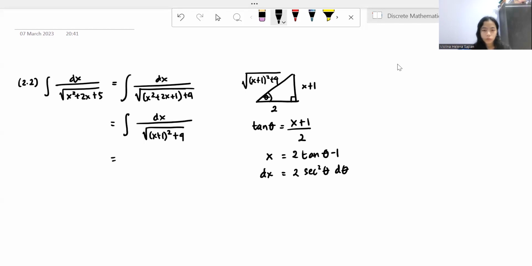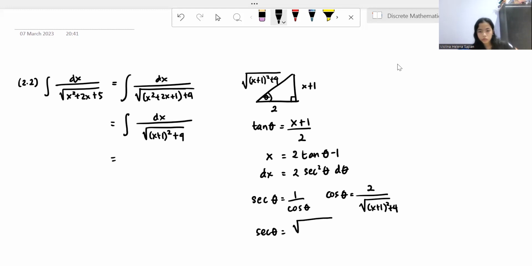Okay, so we will use the secant theta. Secant theta is equal to 1 over cos theta. So cos theta, the formula of cos theta for the right triangle is the adjacent side of the angle over the hypotenuse.